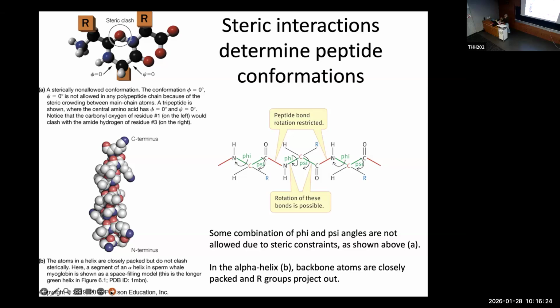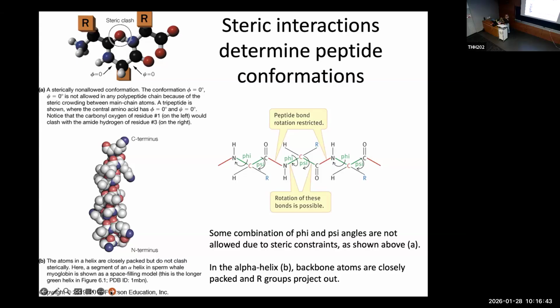Okay, so how do we form these folded structures? We talked last time about how the peptide bond doesn't rotate. That rotation is restricted. Why is that? Because of the partial double bond quality. Yep.